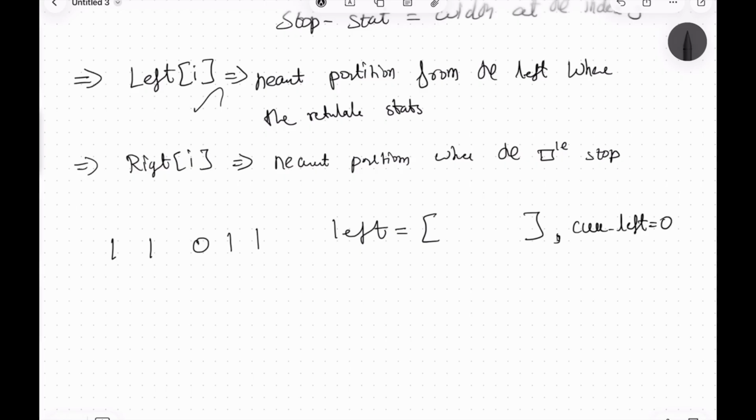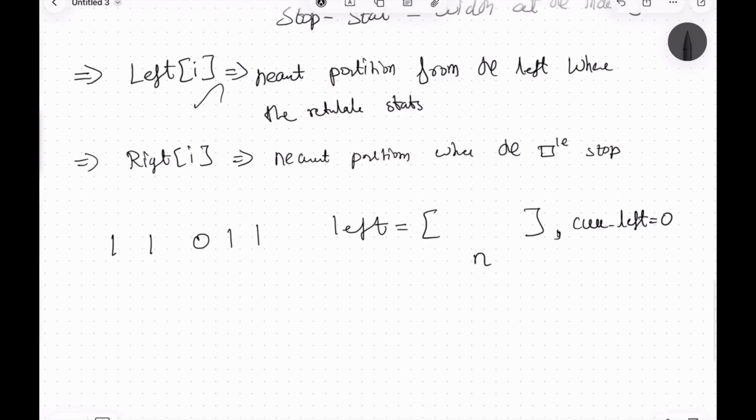So this will be 0 for left, because the leftmost index starts from 0, right? So this is the array to store the left of i's here. This will be of size n, and initially initialized by current left, which is 0. So this will be 0 0 0 0, right?